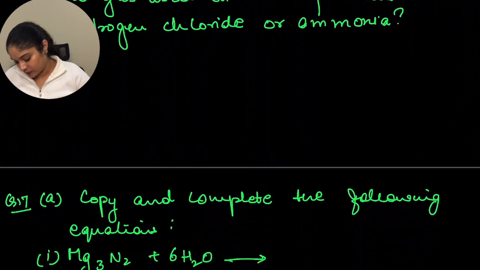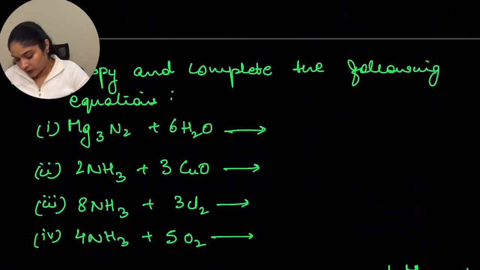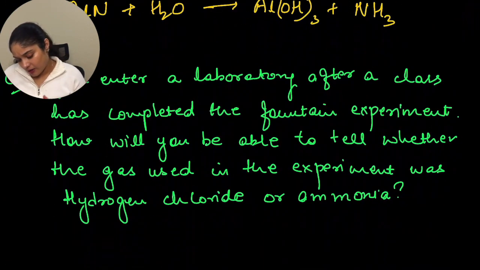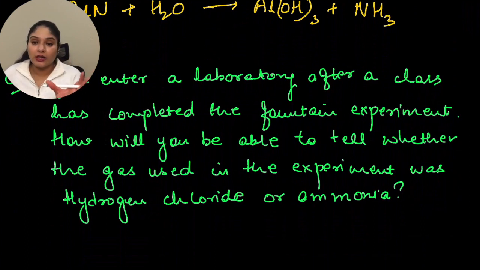Let's move ahead to the next one. Copy and complete the following experiment. Okay, one important part about the previous question is that they have said when you enter the lab, a class has completed the fountain experiment. So when they say it is completed, you need to just check the color of the trough. So you can just mention that if the trough is, let's say, red in color, that means the testing was done for ammonia, because it would turn red to blue.